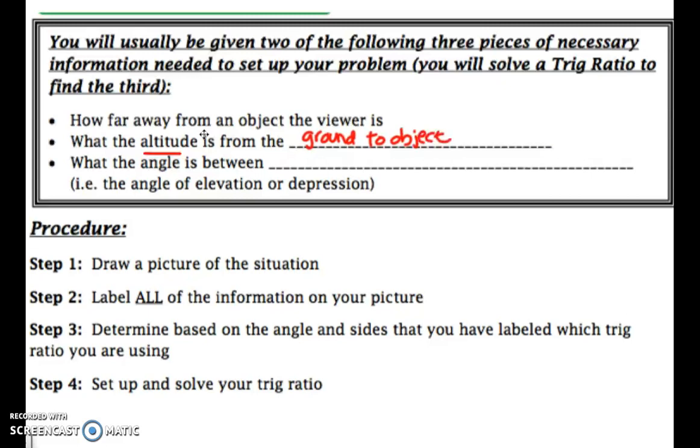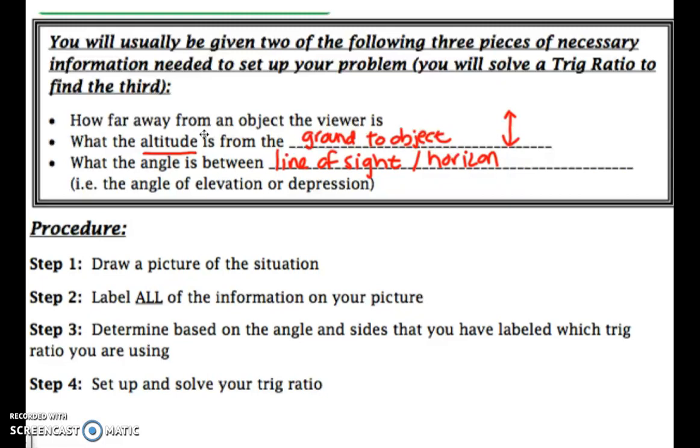Okay, so if it asks for altitude, that means up and down. And then you could be asked what the angle is between the line of sight and the horizon. So basically, can you find the angle of depression or elevation?